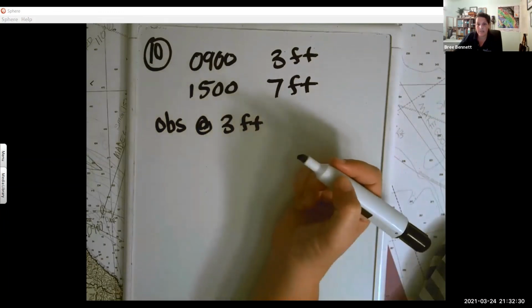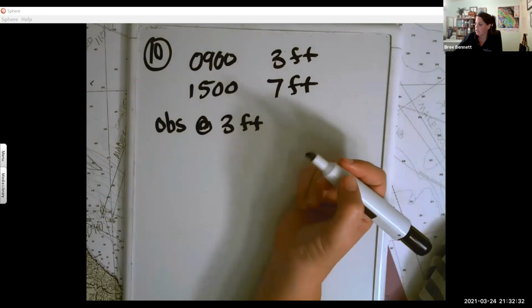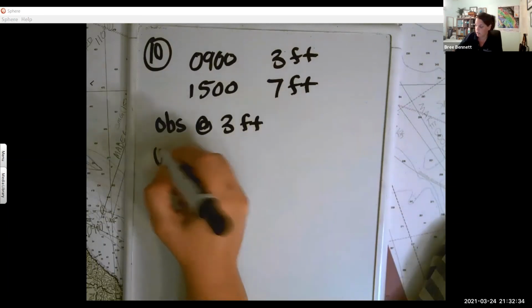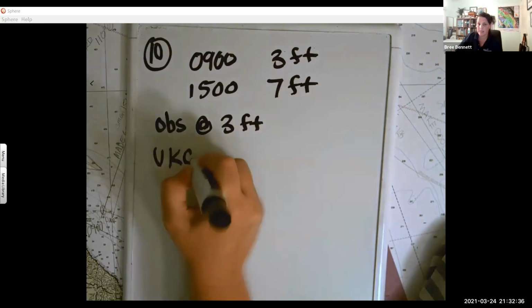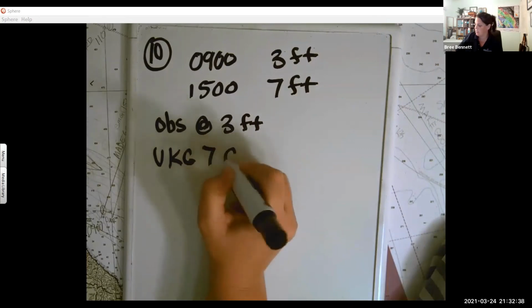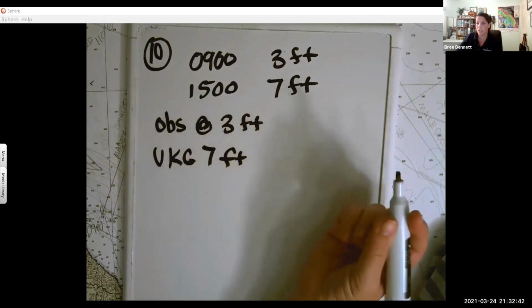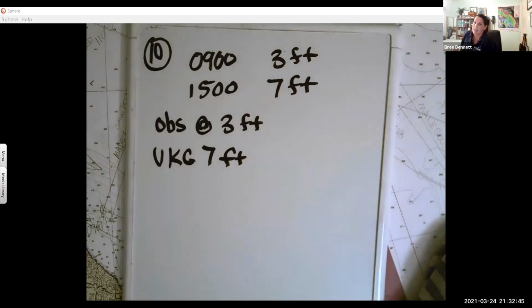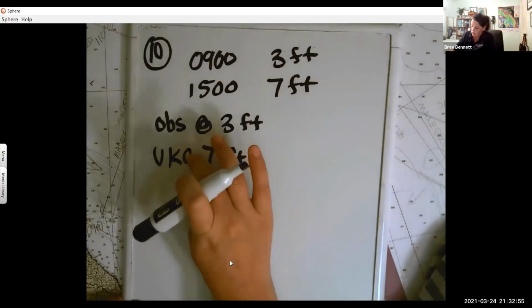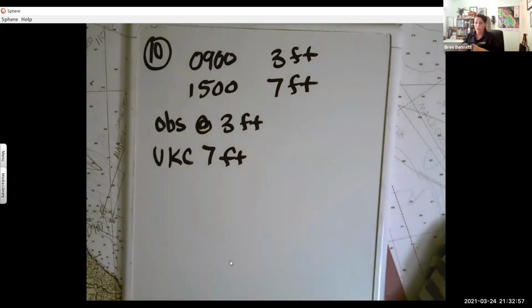In order to safely pass this area, you want an underkeel clearance of 7 feet. Using the rule of 12ths, what is the earliest time you can make this passage? Okay. Underkeel clearance. I don't know why I made it a G.